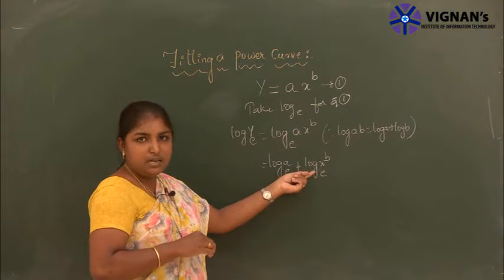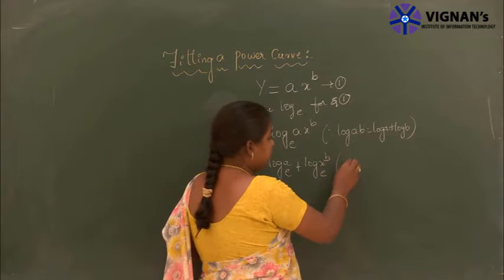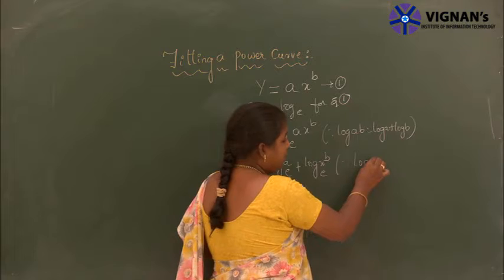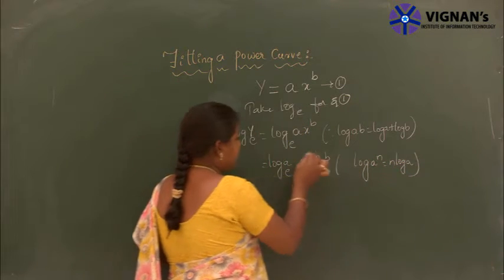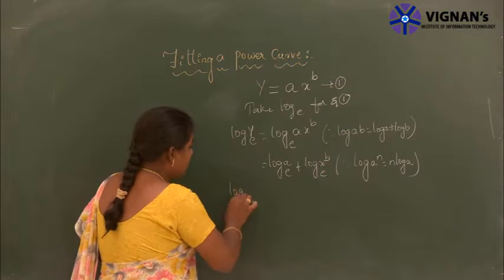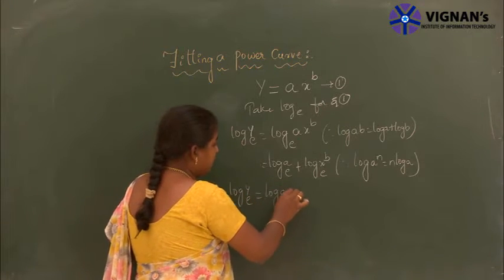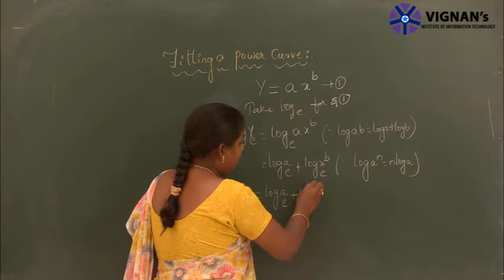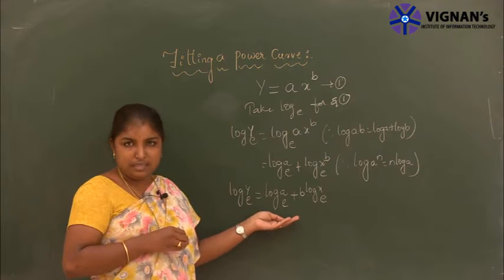Again, in the second term we have x^b. From the logarithm rule, log a^n can be written as n times log a. So this can be written as log y base e equals log a base e plus b times log x base e. Now this is in logarithm terms.